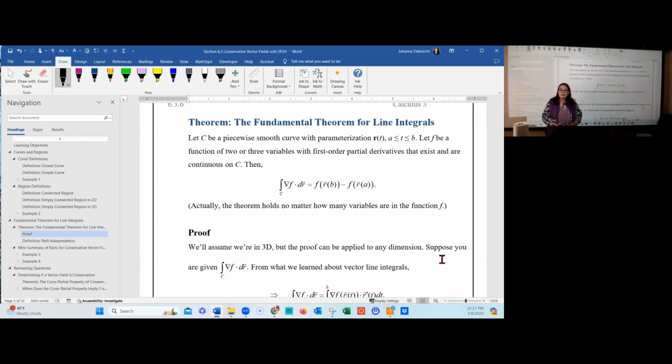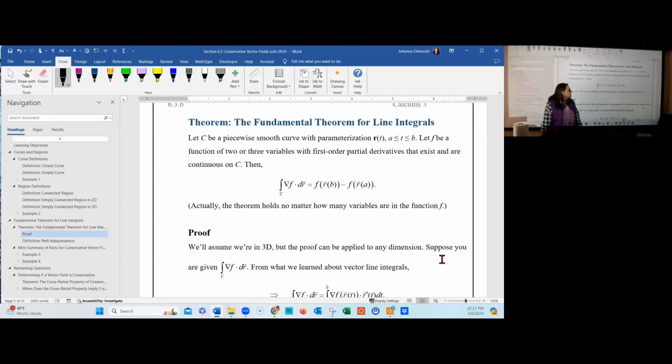This looks a lot like the fundamental theorem of calculus part 2 that refers to definite integrals. You evaluate the antiderivative at the upper limit of integration and subtract the antiderivative function evaluated at the lower limit of integration.